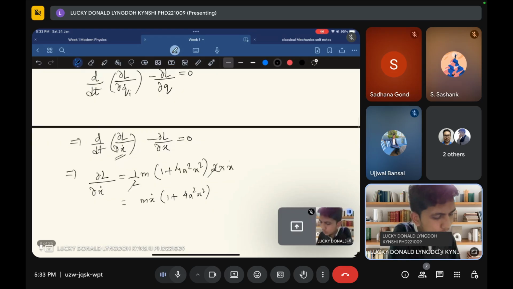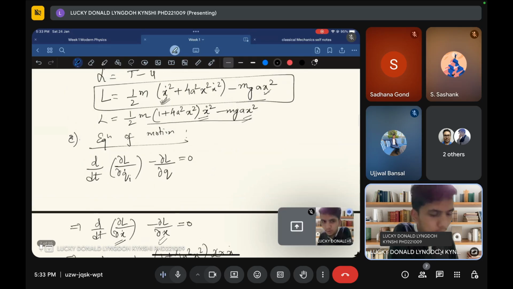So the first term we have done, del L by del x dot. Now we need to find the second term, del L by del x. Again there will be two terms, because if you look carefully at the Lagrangian, you have x here and you also have x here.